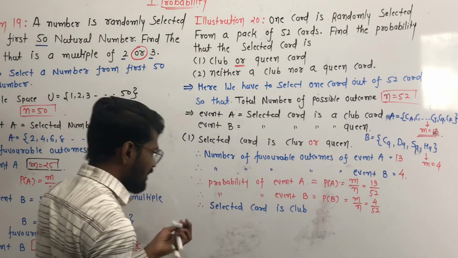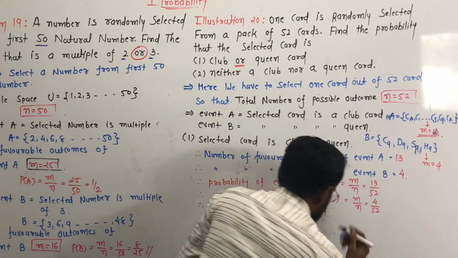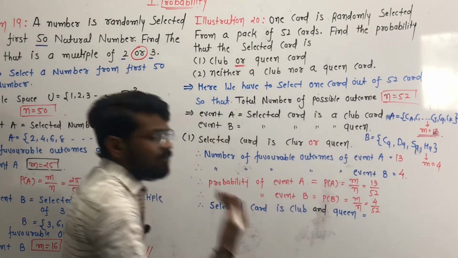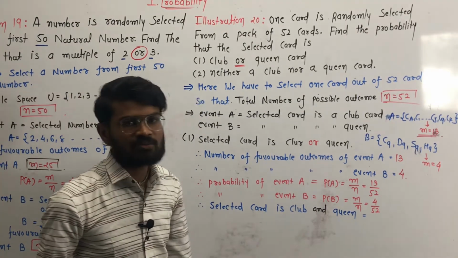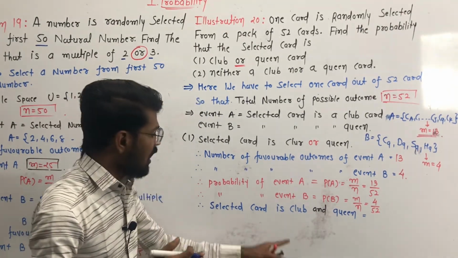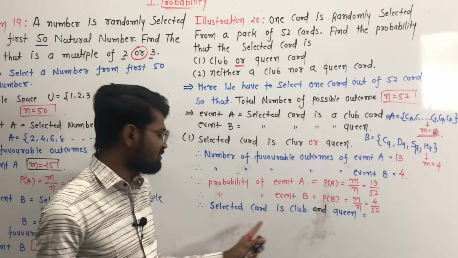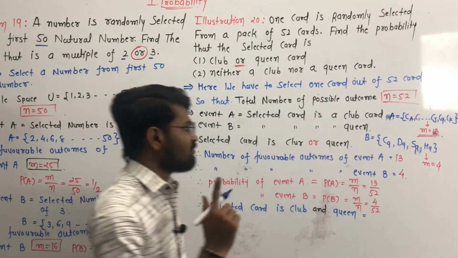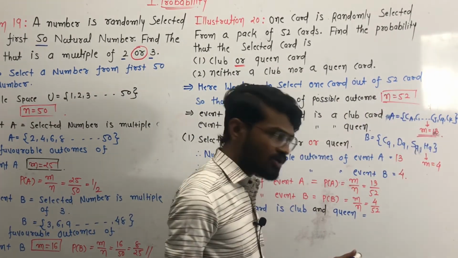Club and queen means it should be a club and also a queen. How many favorable outcomes are there for this event when we select a card that is a club and queen? First of all, it should be a club card and a queen.